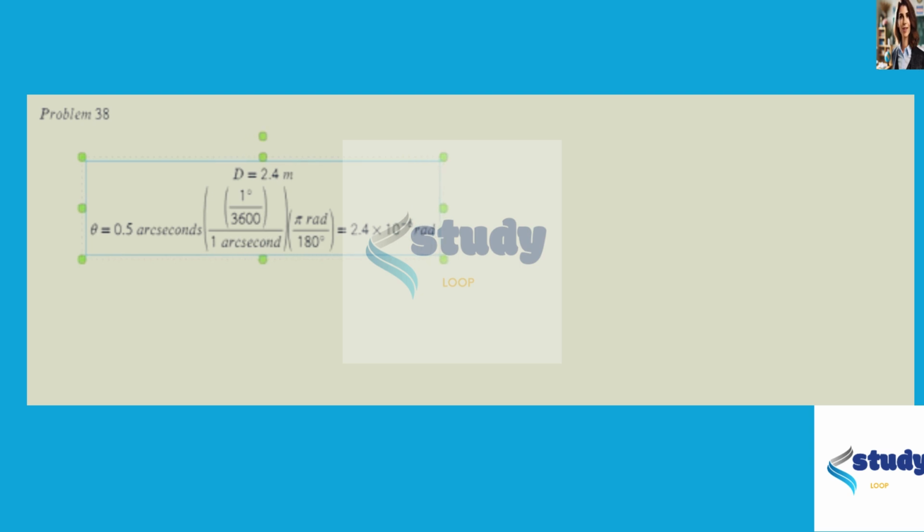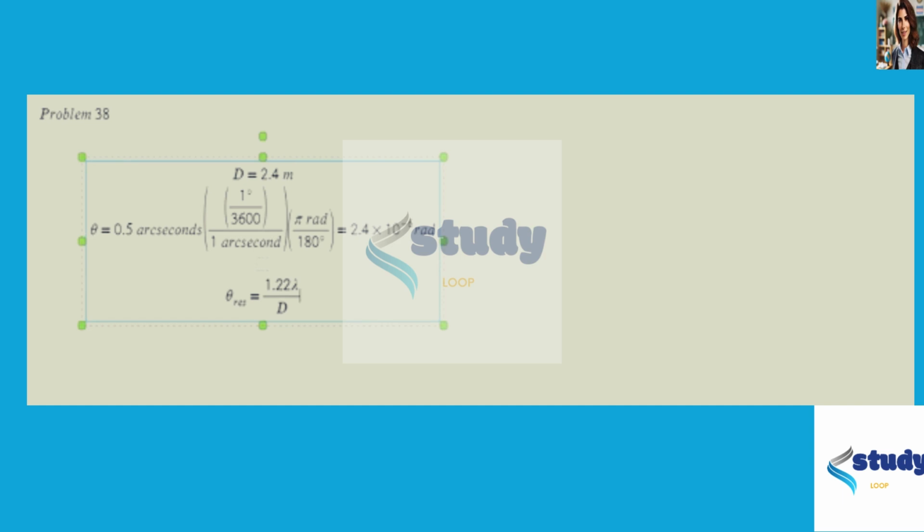Now we are asked to see whether the telescope can resolve the binary system. So let's pull out the equation for Rayleigh's criterion. We have theta res equal to 1.22 lambda over d.